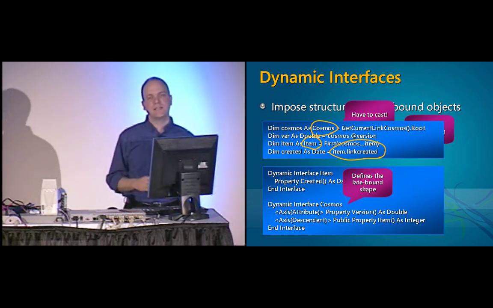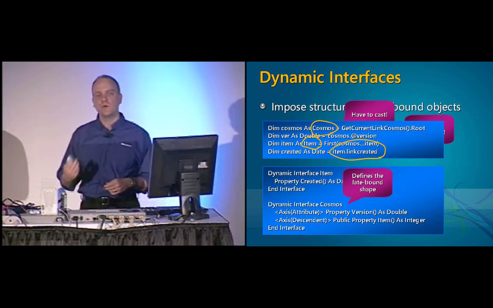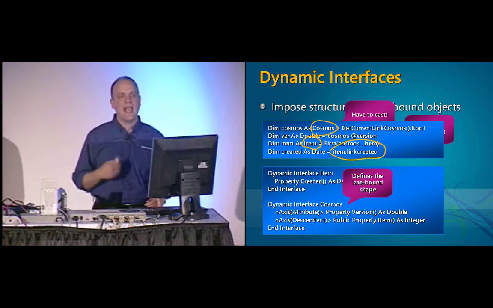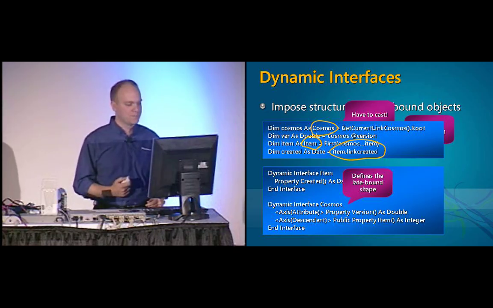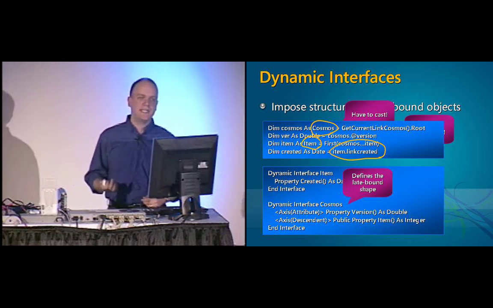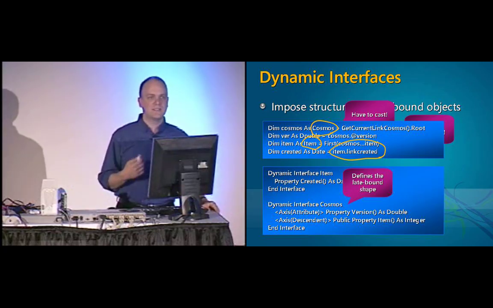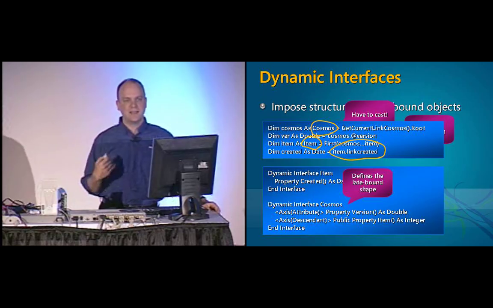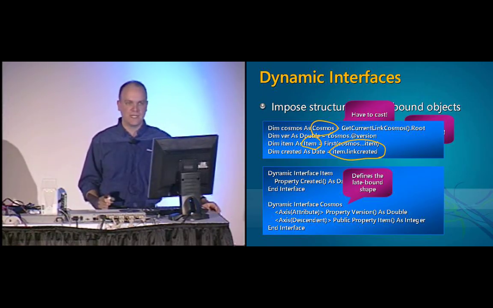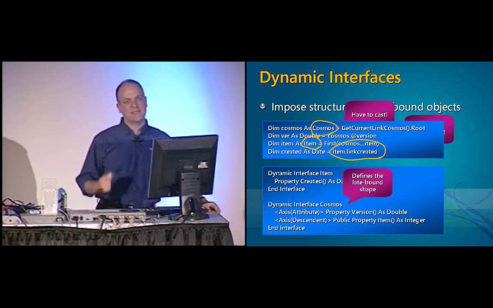A dynamic interface is like a regular interface, except it can be imposed on any object as a late-bound call. So what you see here is I've created a dynamic interface that represents the late-bound item object. And I say any object that I cast to this dynamic interface is going to have a created property, and it's going to be of type date.